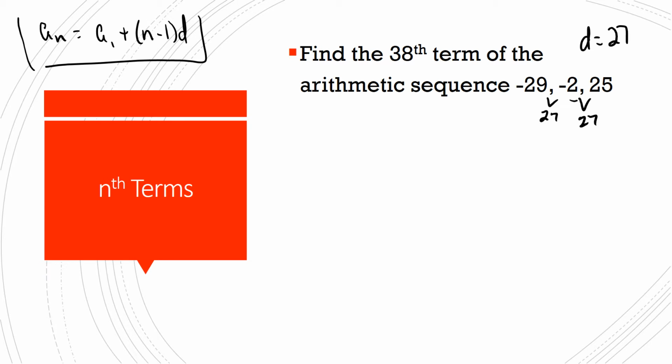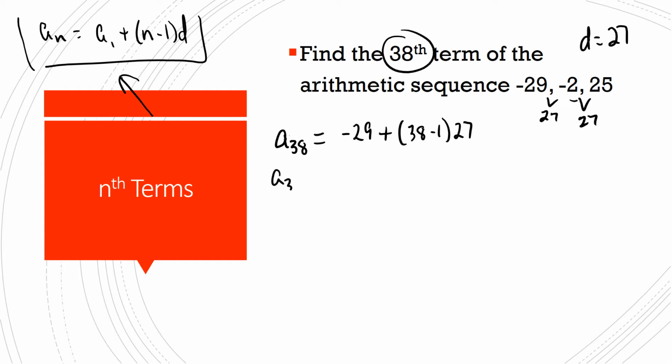Now, let's substitute into this formula right here, and see if we can find the 38th term of the sequence. So we've got a_38 equals a_1, which is negative 29, plus n, well, we're substituting in 38 for n, minus 1 times the common difference.